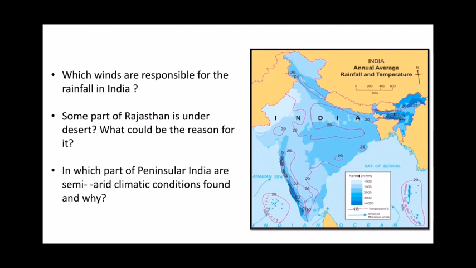These regions lie on the leeward side, that is the other side of the mountains, the Western Ghats and the Eastern Ghats. So it rains less here and a rain shadow region is formed. Some parts of Gujarat and Rajasthan are also semi-arid as the Aravallis lie parallel and do not obstruct the southwest monsoon winds.